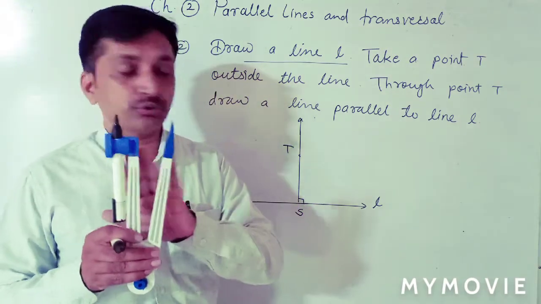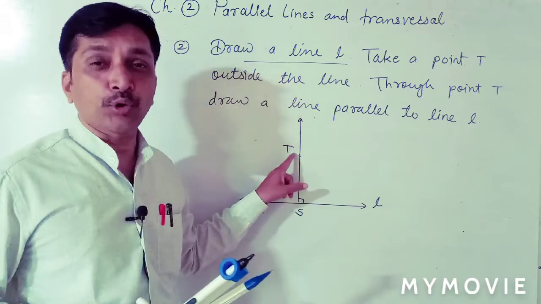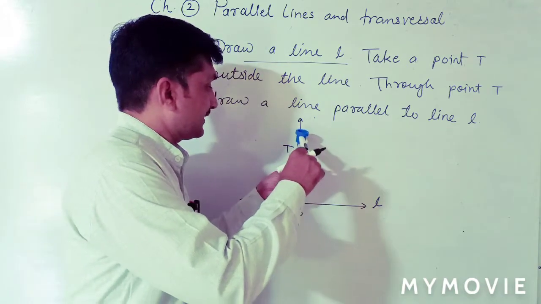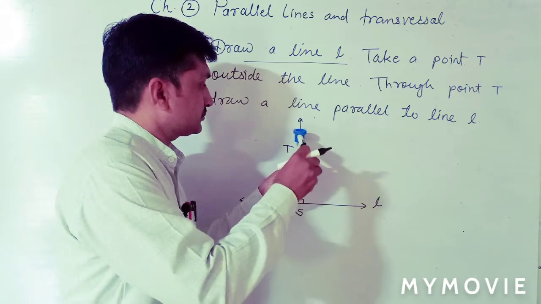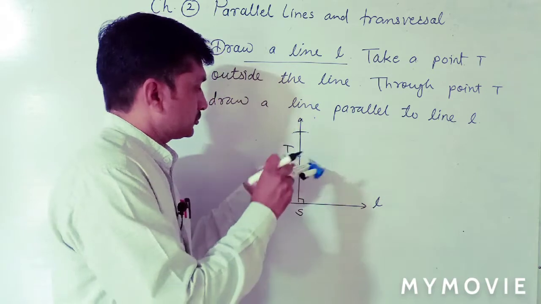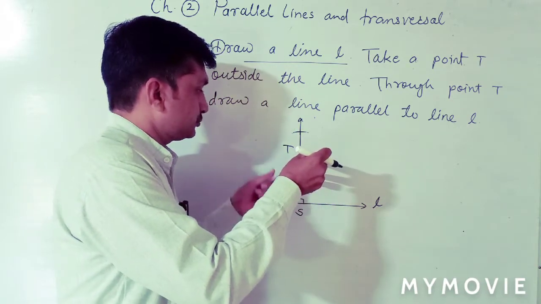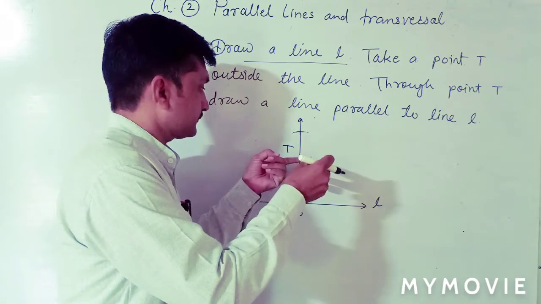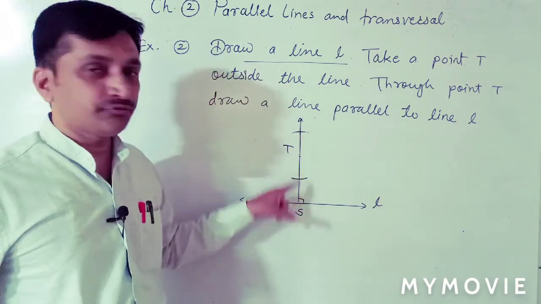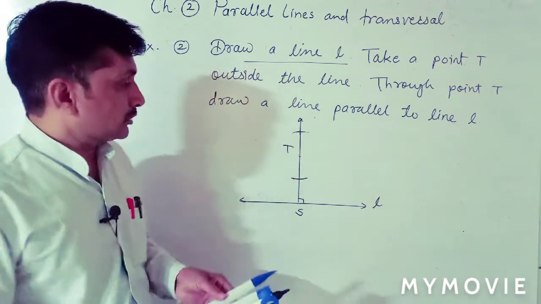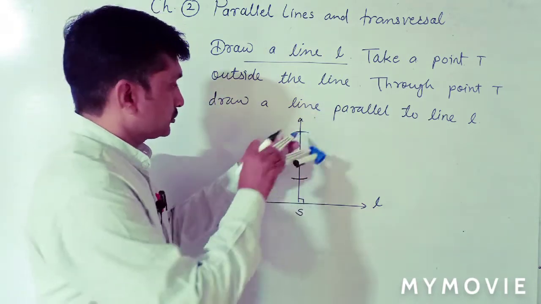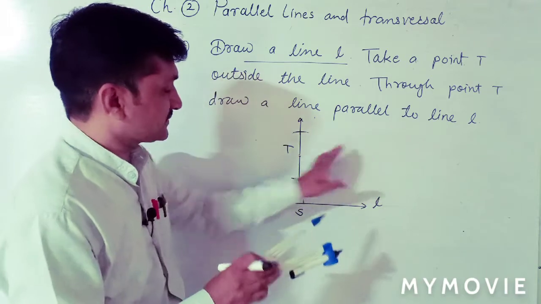Now using the rounder, taking point T as the center, take sufficient distance here, draw one arc above and a second arc below the line. Now this is the fixed distance. Now by using these two arcs, draw one more point to the right side.